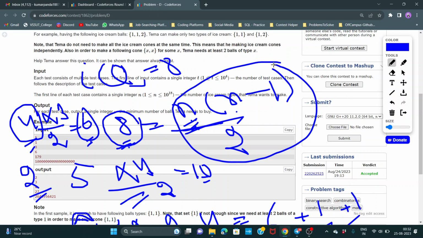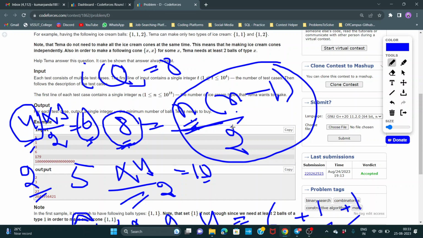If you know how the square root function works, like STL sqrt, what the internal implementation of that square root function is, then I think you can easily relate this part, n into n minus 1 by 2, and how you are going to calculate it, because the internal implementation of square root is done with the help of binary search.